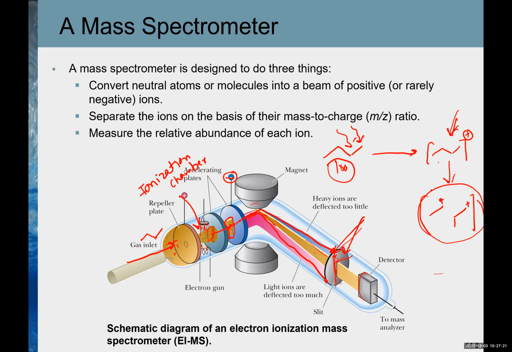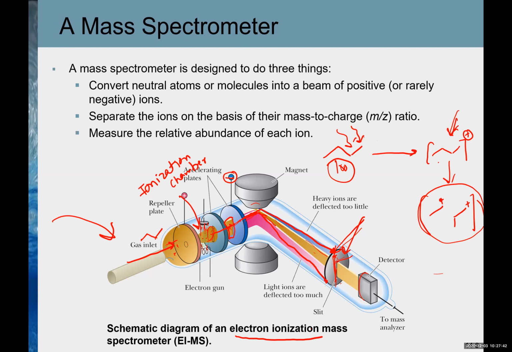So this diagram which I just discussed, this particular kind of mass spectrometer is known as electron ionization mass spectrometer, or EIMS, because we are using electrons to ionize our sample.